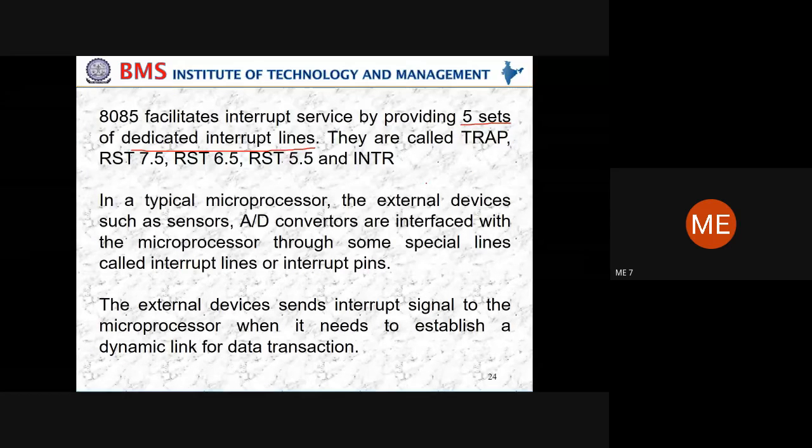Depending upon the importance of the interrupt, the microprocessor will attend to it. What I have shown is in order of importance: TRAP is the most important interrupt, followed by 7.5, 6.5, 5.5, and INTR. When I get TRAP as the interrupt, the microprocessor understands that it is most important to attend.